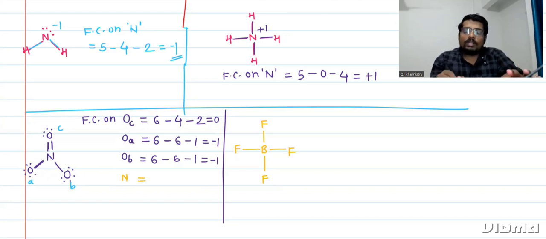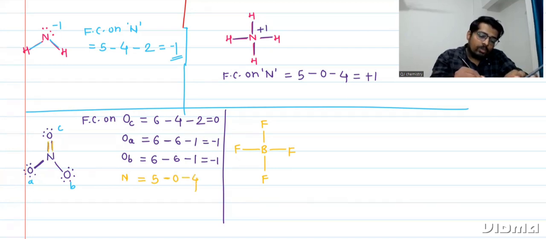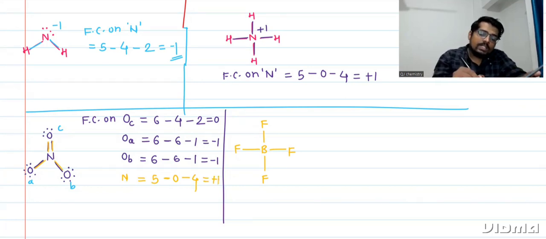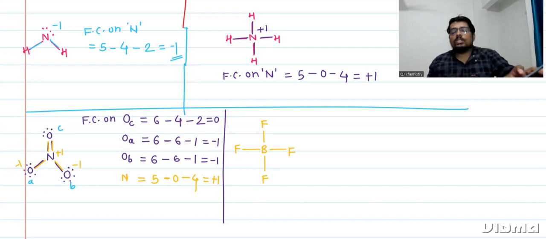The number of electrons in the valence shell of nitrogen is 5, minus dots, 0, minus total bonds, 4. Four covalent bonds are associated with nitrogen, so the formal charge on central nitrogen is plus 1. Okay, so assign charges to these atoms: nitrogen plus 1, oxygen A minus 1, oxygen B also minus 1, and oxygen C is 0.